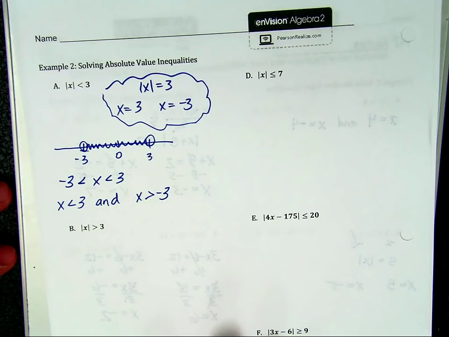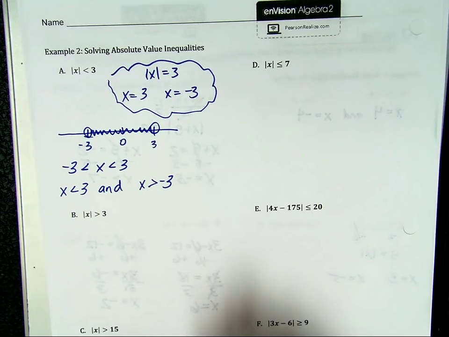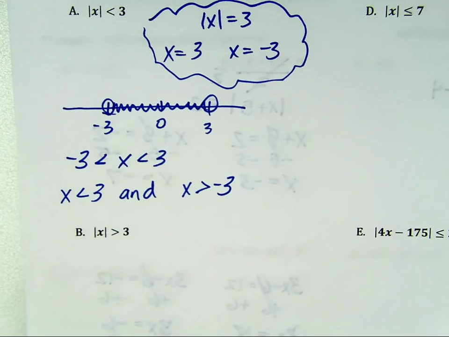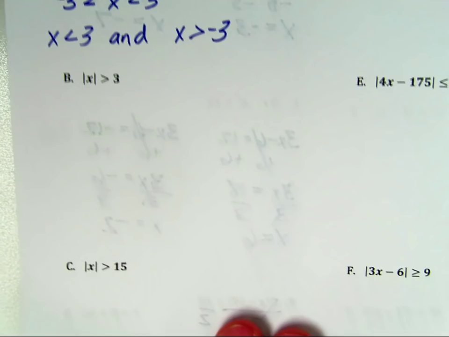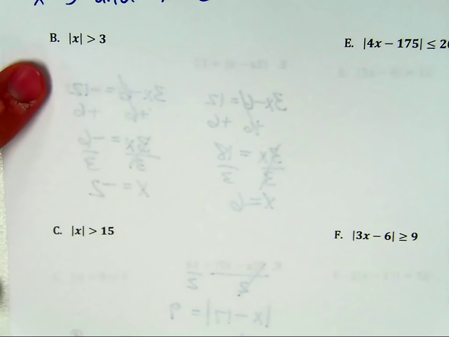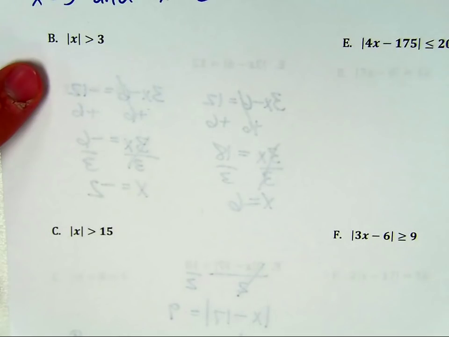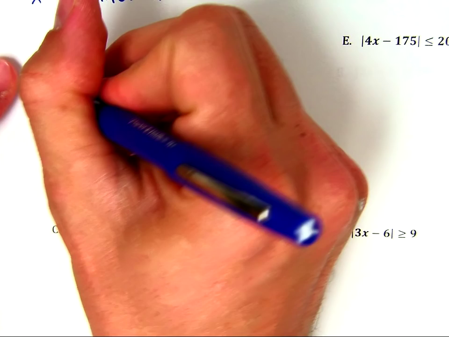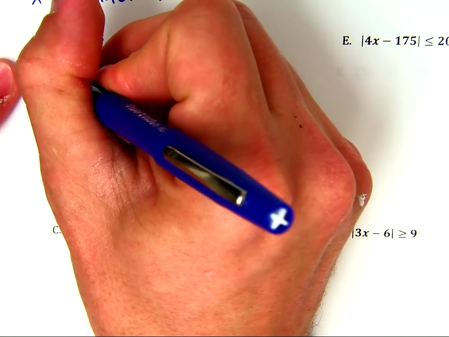Alright, let's take a look at the next one. Let me zoom in on these a little bit more. For B, this time it says the absolute value of x is greater than 3. So we're thinking of numbers whose absolute value is greater than 3. Sometimes it helps me to think of a number line first.